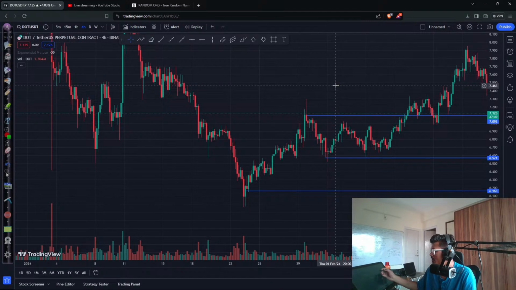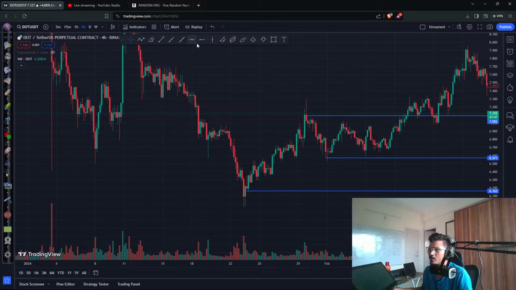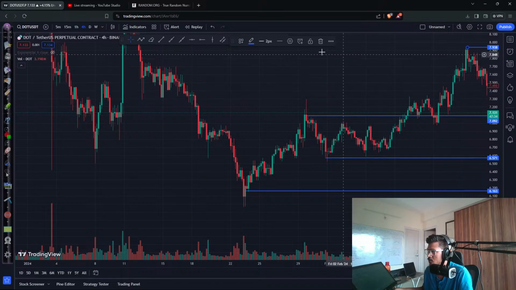Now we are done with the previous structure. Let's draw here again. It's a buying climax. You see the volume there, good volume.